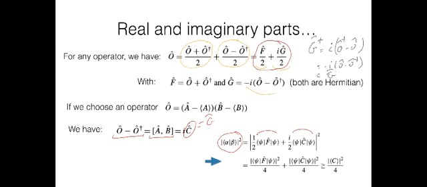And of course this is always larger than the expectation value of C, and it makes sense because this is a positive number, so therefore the total thing is certainly larger than one component of them.